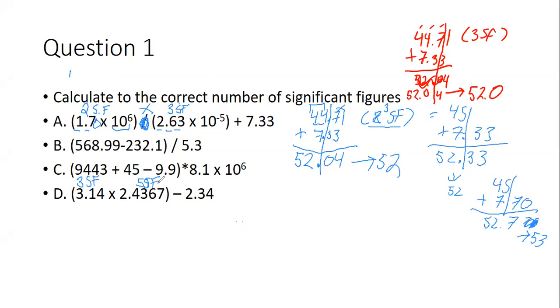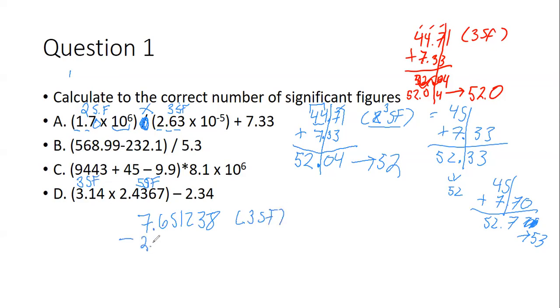I'm going to double check my math and plug that in my calculator right now. 3.14 multiplied by 2.4367. If I write down my whole calculator answer, it's 7.6512338. But only 3 are significant, 3 sig figs.